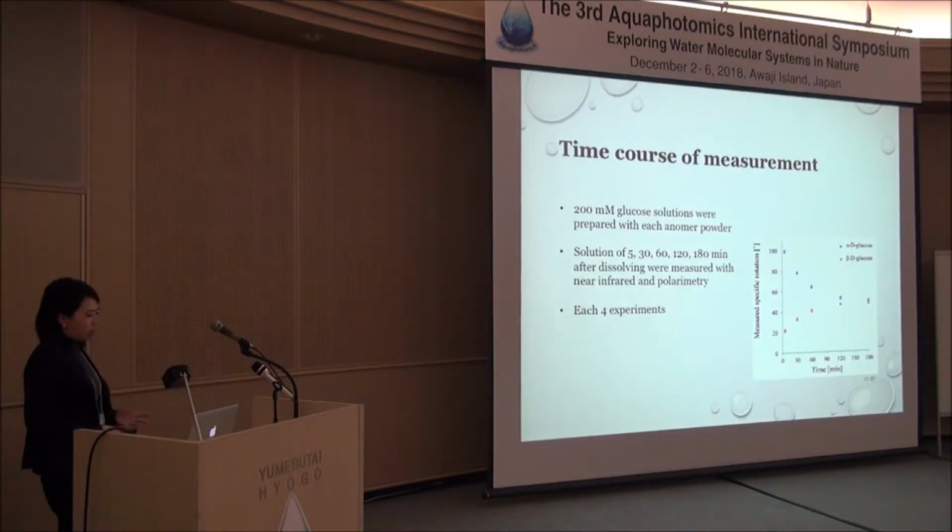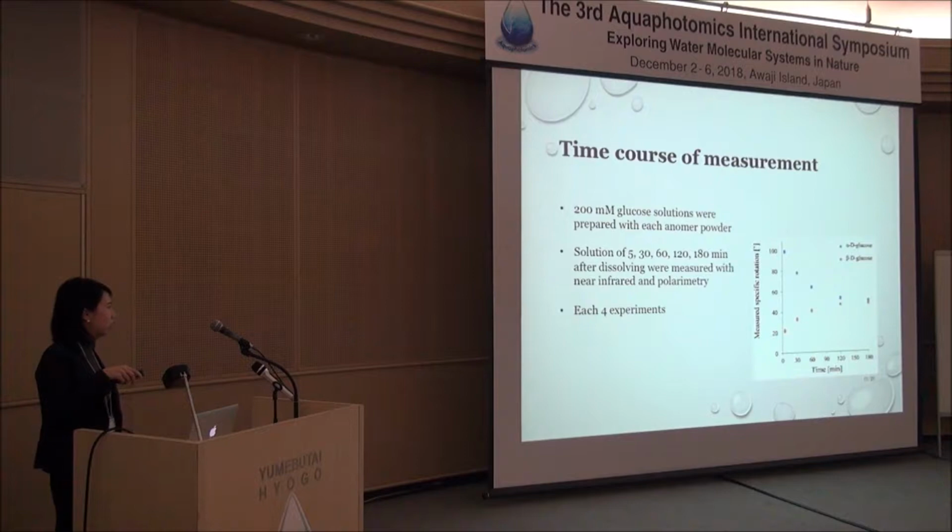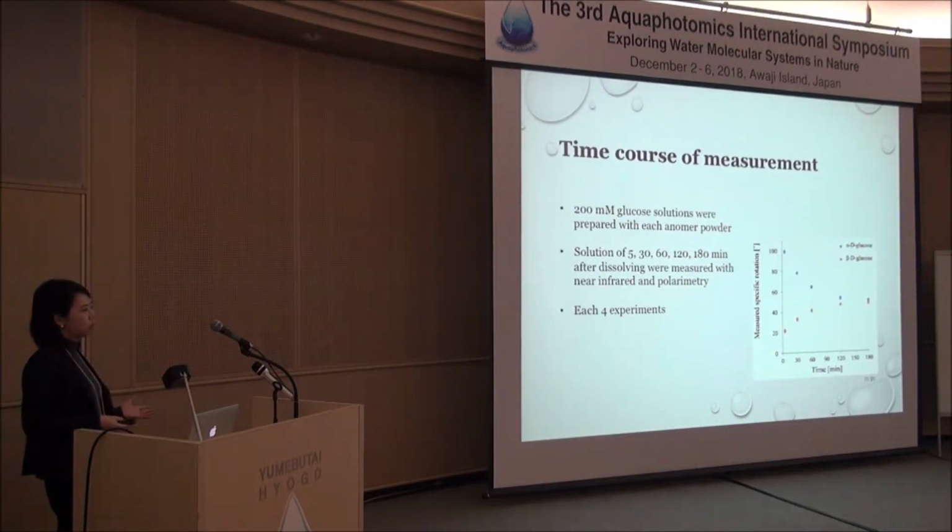I show here the time course of the measurement. 200 millimolar glucose solutions were prepared with each anomer powder, and the solutions at 5, 13 minutes, 1 hour, 2 hours, and 3 hours after dissolving were measured with near-infrared spectroscopy and the polarimeter.